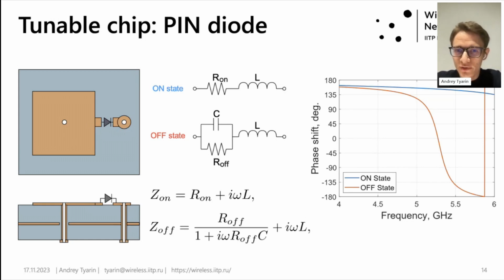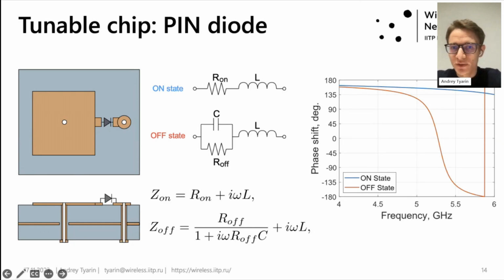The picture on the right shows the dependence of the phase shift on the frequency of the UC for both pin diode states for normal incidence of a linearly polarized EM wave.